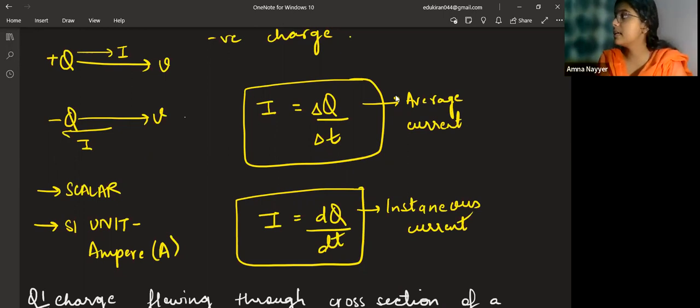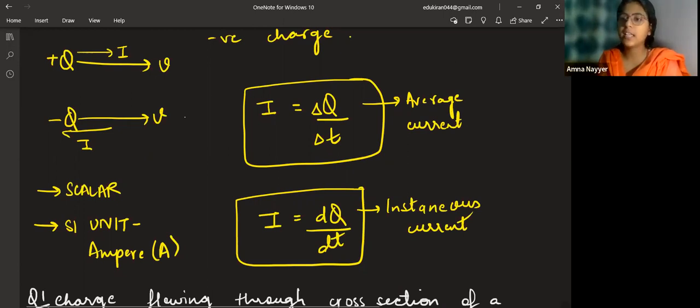So this is a scalar quantity: it has direction and magnitude, but it does not obey the parallelogram law. Though you have a direction here, you don't need to calculate in terms of direction. Directly add it or subtract it: positive, so add it; negative, so subtract it.